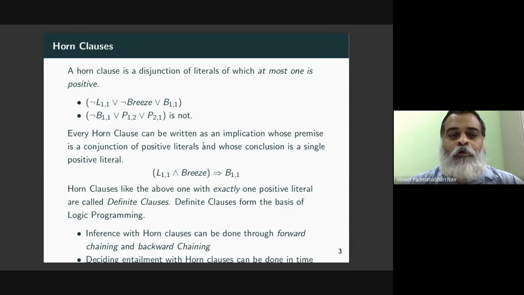Now, the beauty of this horn clause is that every horn clause can be written as an implication, whose premise is a conjunction of positive literals and whose conclusion is a single positive literal.